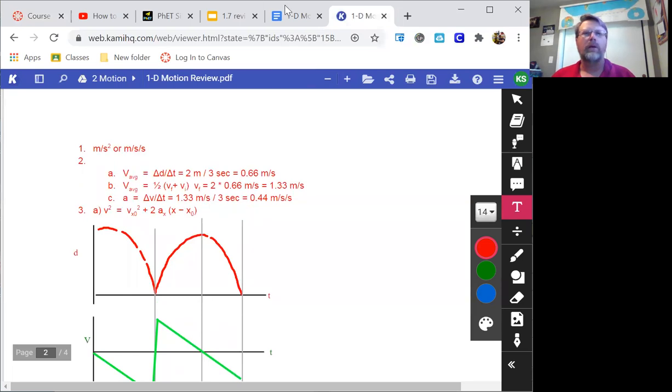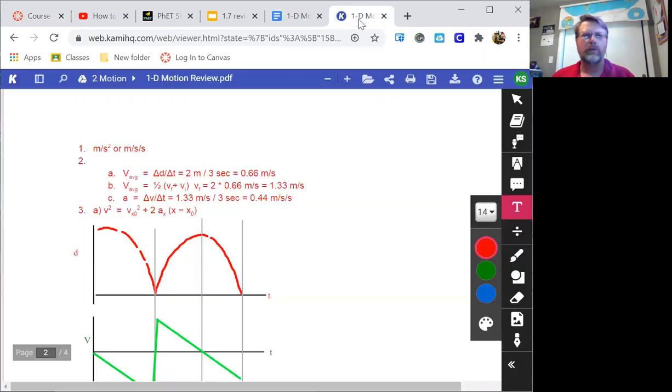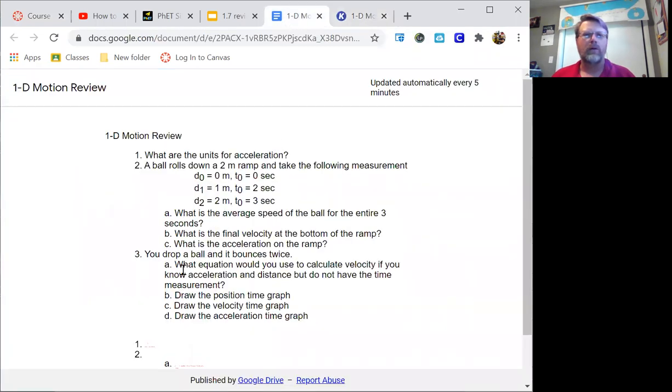Okay, and going back to the question again, the next question was, I'm jumping around here, number 3A, sorry. What equation would you use to calculate the velocity if you know the acceleration and distance, but you do not have the time? So we need an equation that does not have time in it.